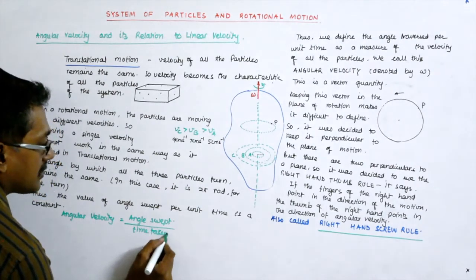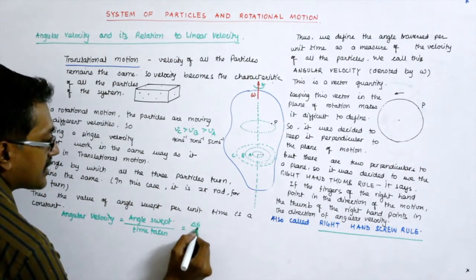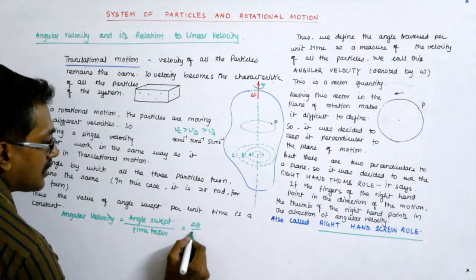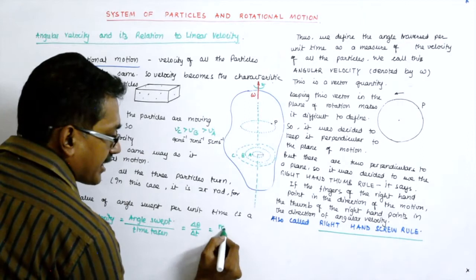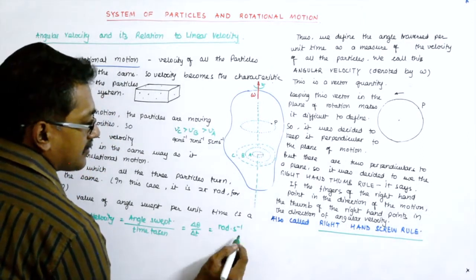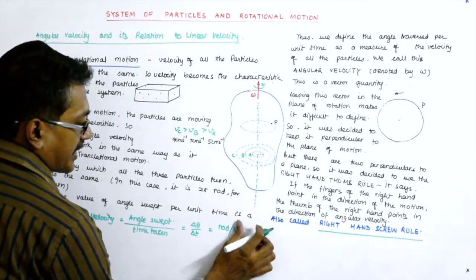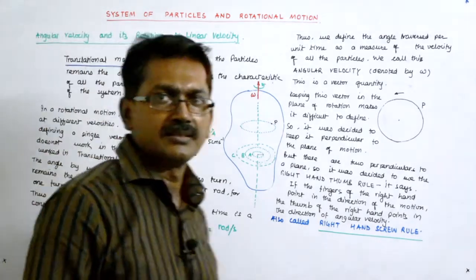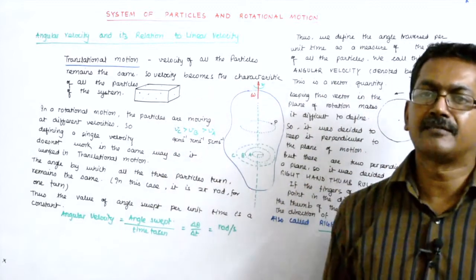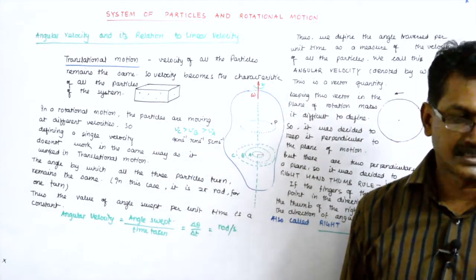Which is delta theta upon delta t, which is radian per second, or you can say per second. That is the unit. Radian itself is unitless.